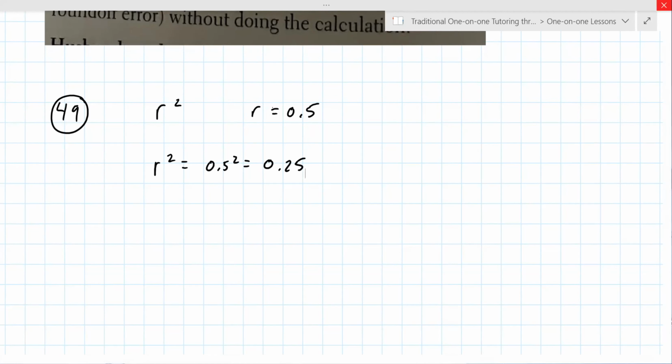Well, then it moves to the part where usually they want you to write a sentence. Yeah, interpret. So the sentence goes like this.